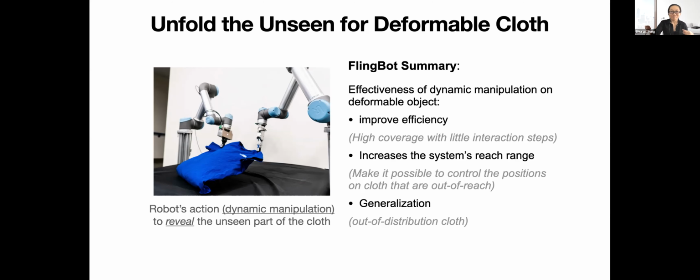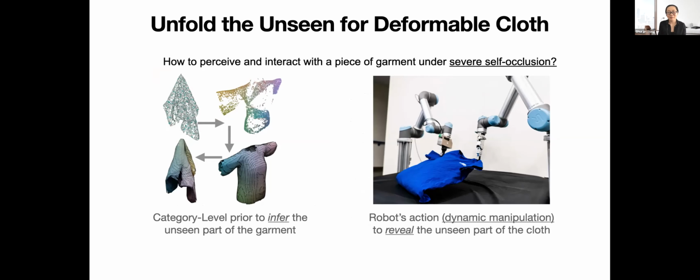To summarize my talk today, I covered two projects on deformable cloth perception and manipulation, where we are trying to answer the question of how to enable a robot system to effectively perceive and interact with a piece of cloth under severe self-occlusion.